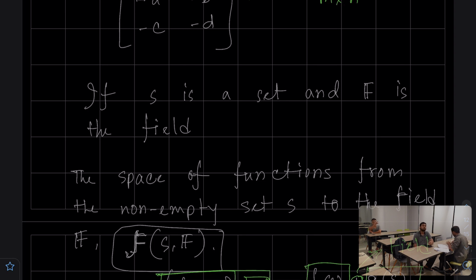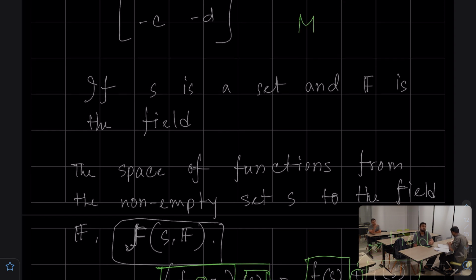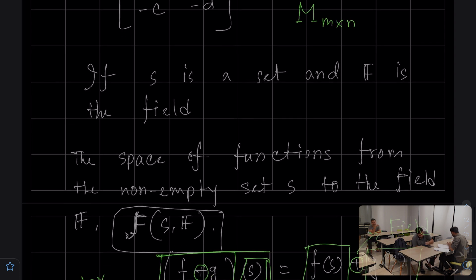You can write M sub m cross n, and inside brackets we write F. This is the notation for this vector space. It means an element in this vector space is a matrix of size m times n, where the entries take values in the field F. So he discussed two nice examples of vector spaces.